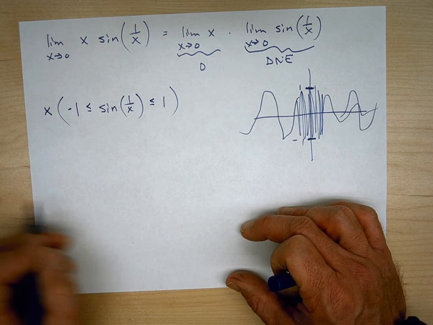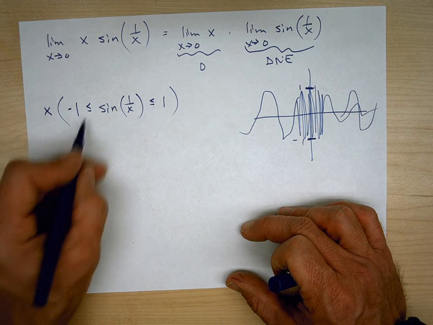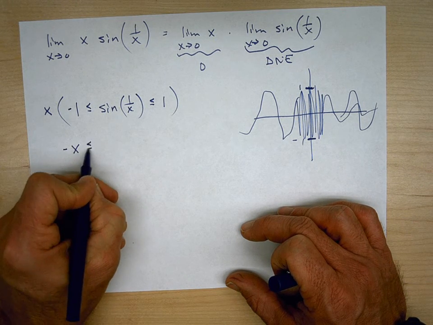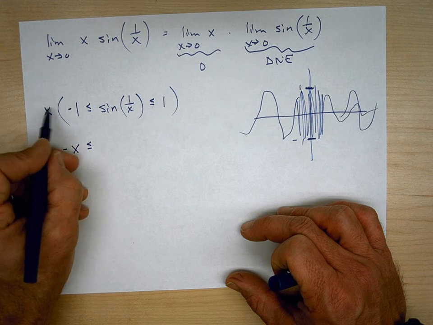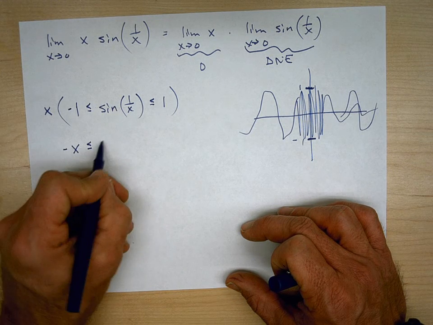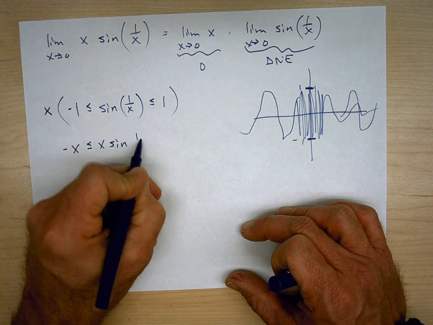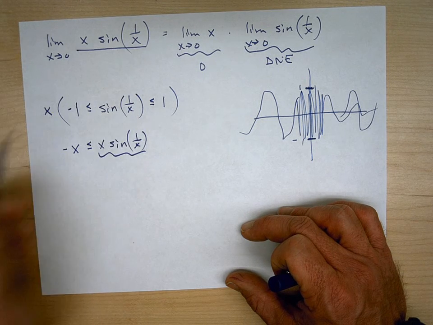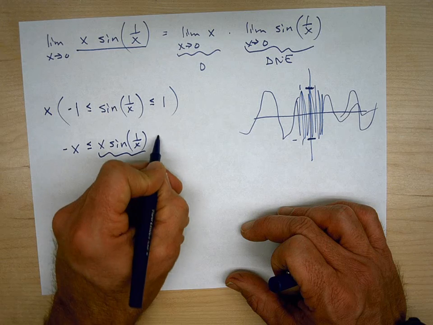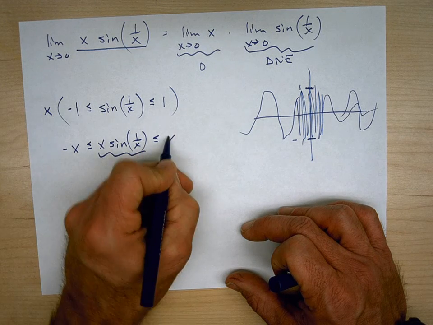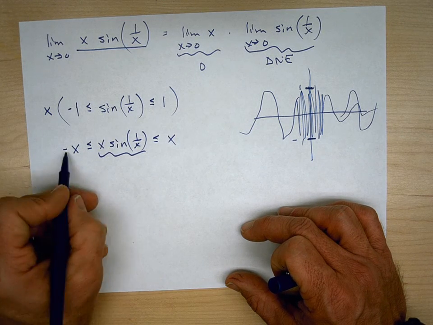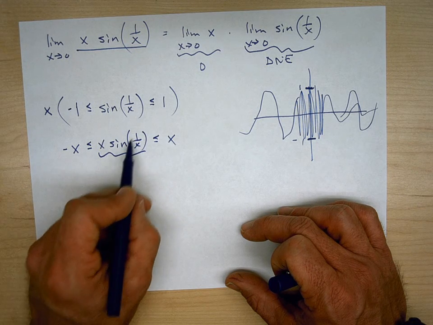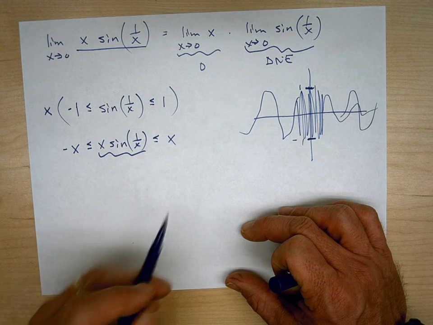All right? So we have that negative x is less than, so I'm multiplying negative 1, x times negative 1, now x times sine of 1 over x, because that is the function in question, and we're going to multiply x times 1 to get x. All right, so now I have this relationship, so that x times sine of 1 over x is always going to be between negative x and positive x.